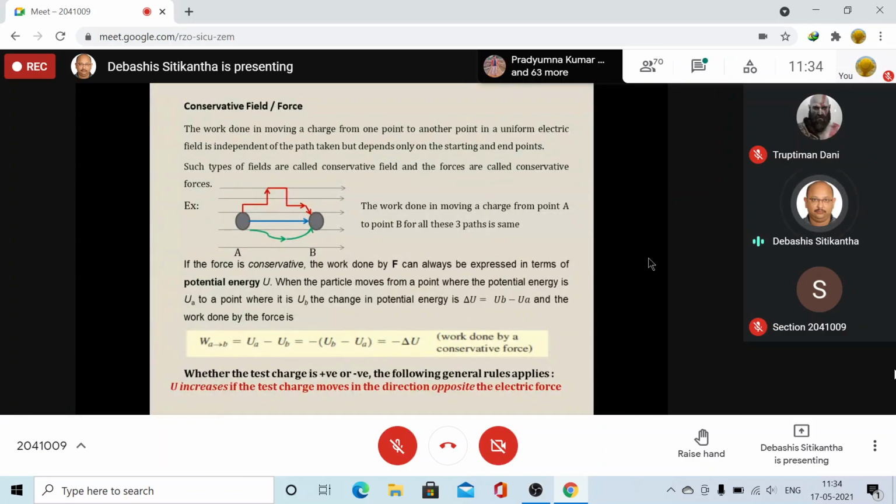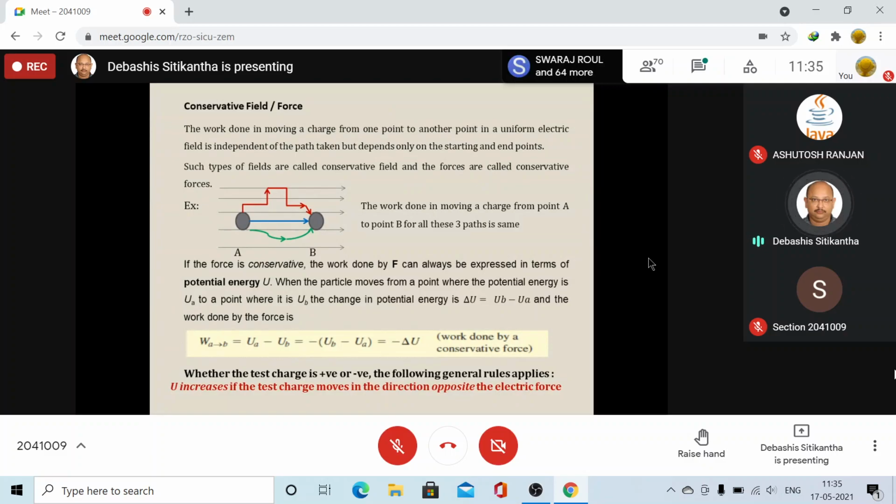Now, another important thing that is written in red color: whether the test charge is positive or negative doesn't matter, the general rule applies. The potential energy increases if the test charge is made to move in a direction opposite to the electric force. What does that mean? That means if I have a positive charge and I move it against the direction of the electric field, then the potential energy of the positive charge is going to increase.